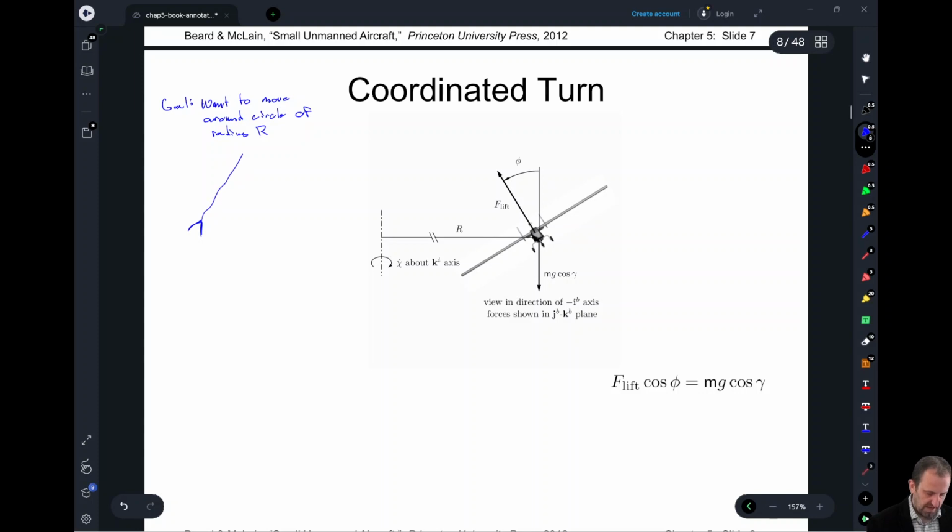This direction would be coming out the nose of the aircraft. If we were to look from north down, that was our heading angle. But we might actually be traveling in this direction. In that case, recall that's going to be our course angle.